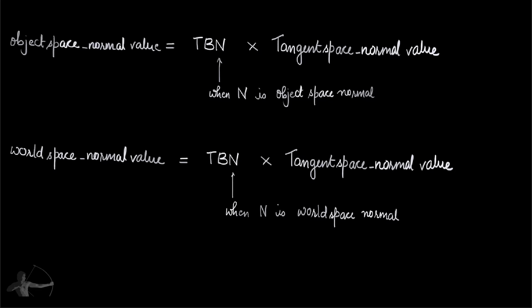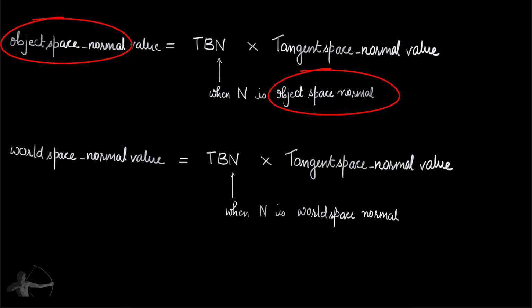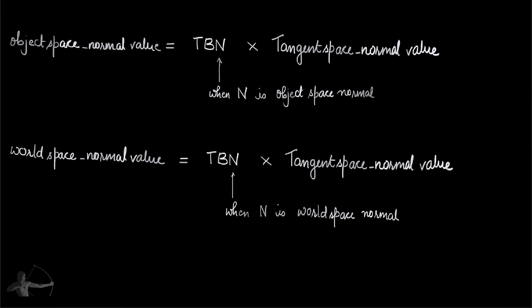Now, another question you might have in your mind is, when we already have the object space normal, why do we have to calculate it with the TBN matrix, and why go through this hassle to again get the object space normal value?